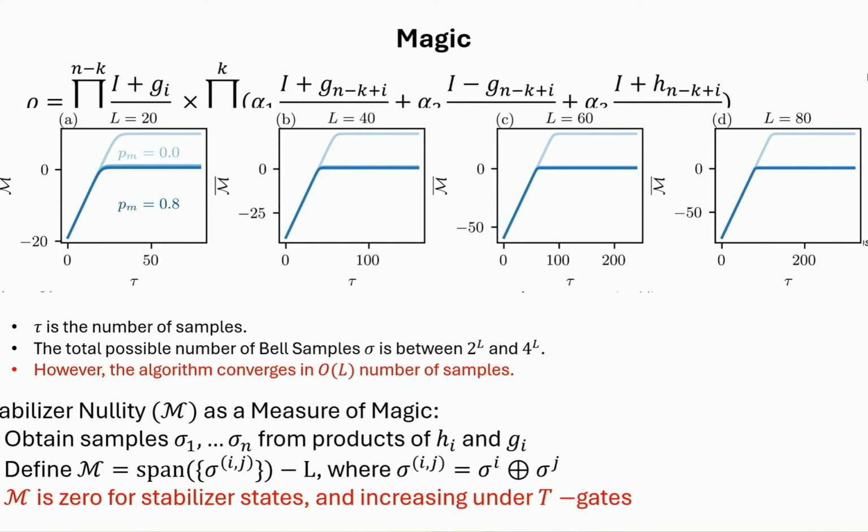You can see that even though the number of Bell samples is astronomically large, the magic is converging in a low number of samples. So this method of Bell sampling is sample efficient.